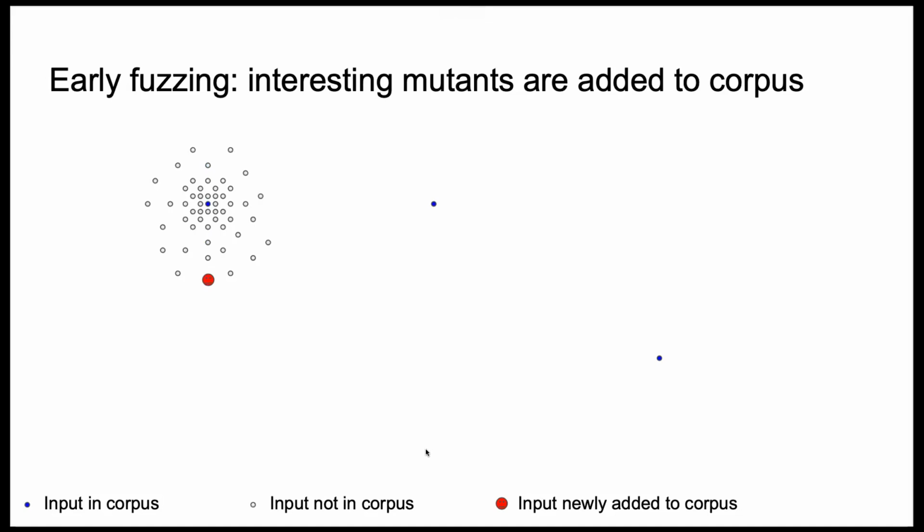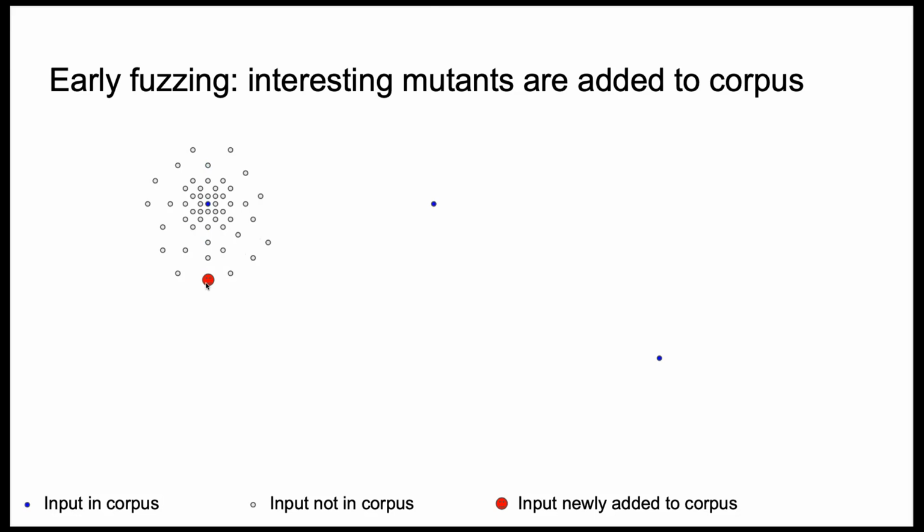And when we fuzz, we take one of those inputs, maybe several, start mutating them, and the mutants are typically somewhere close to the original, because this is how we produce mutants. We flip bits or change the data fields, etc. So we have produced this cloud of mutants around one of our inputs, and one of those inputs happens to generate new coverage, and so we have this red smiley face.